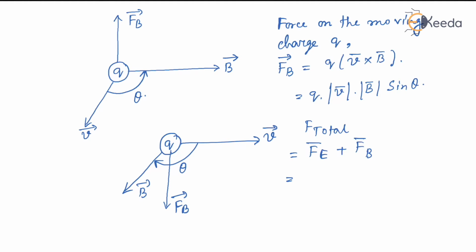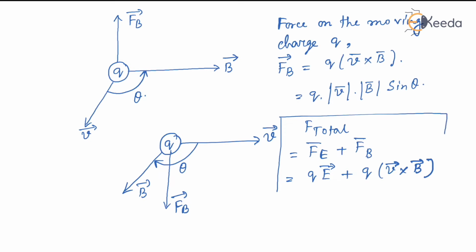We know that the force due to the electric field is equal to q times the external electric field that is present, plus q times the velocity of the particle cross the present magnetic field. So, this equation gives us the total Lorentz force equation for a charged particle present in the electromagnetic field.